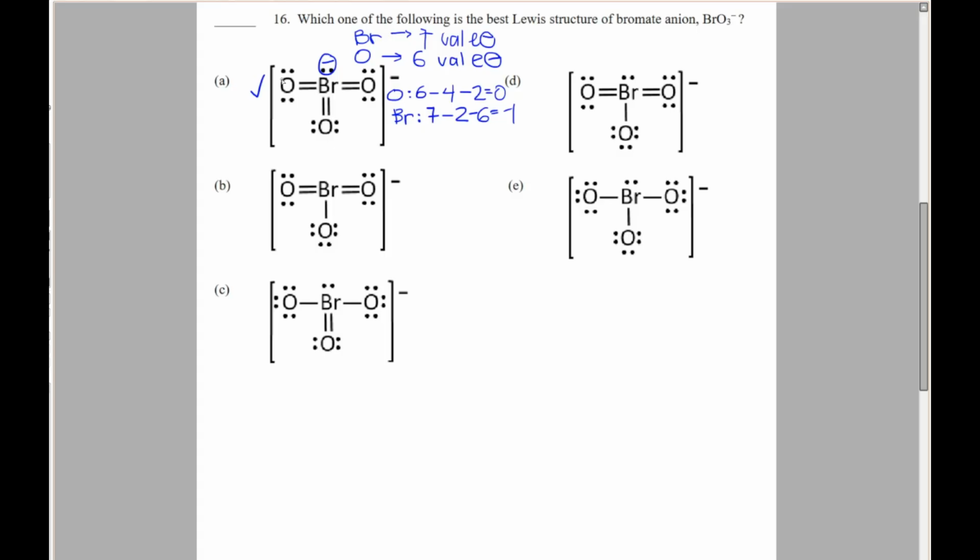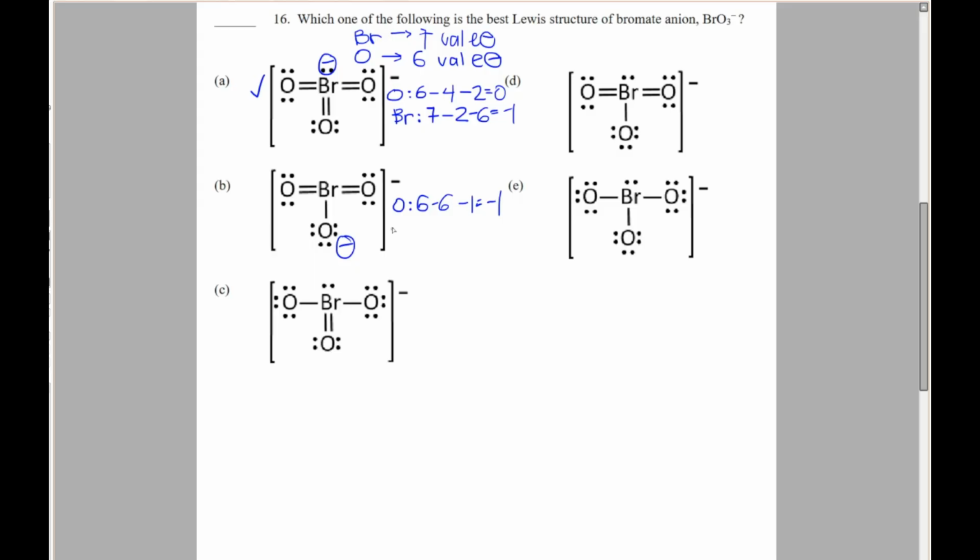We can repeat this same process for all the others. So for B, we know that these 2 oxygens, like in the process we just did for A, will be neutral. And then for this oxygen, we can do it again. We have 6 valence electrons. We have 3 lone pairs, which is 6 non-bonding electrons, and we have 1 bond. So 6 minus 6 minus 1, that's -1. So this oxygen has a -1 charge.